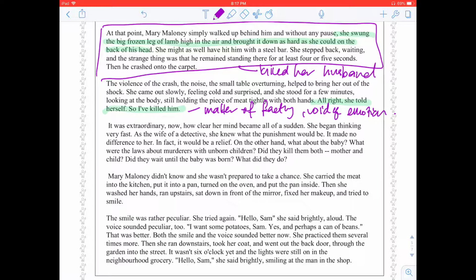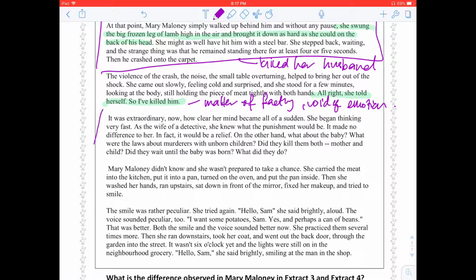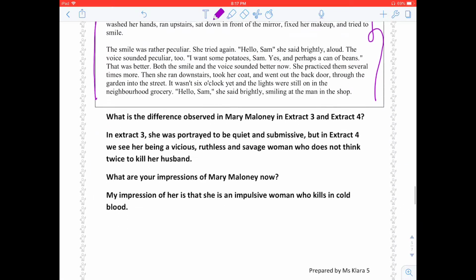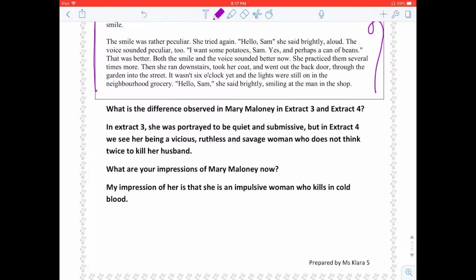So look at this. At this point, she is actually thinking very logically. As you read through this extract, you see her thinking very logically already. So what is the difference observed in Mary Maloney in Extract 3 and Extract 4?